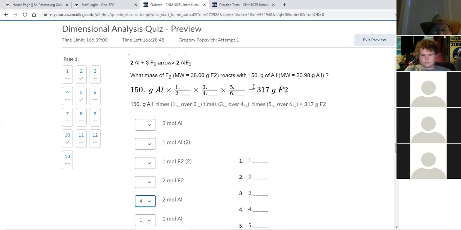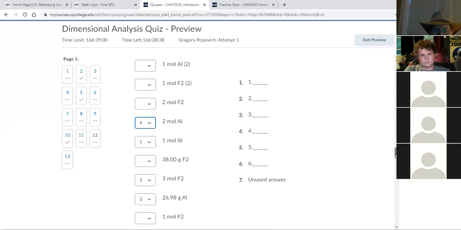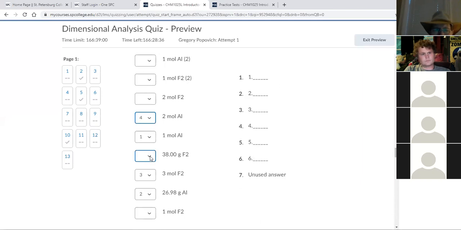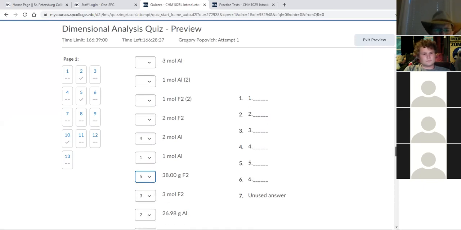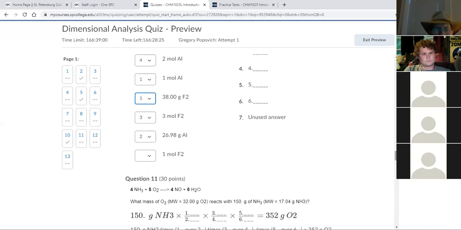So what is going to go on the top here? What do I want to end up with? Go ahead. The 38 grams of fluorine. And what is going to go on the bottom? 38 grams of fluorine is equal to 1 mole of fluorine.